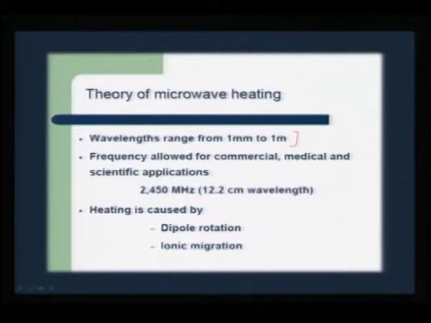At the same time, it will avoid the leak of the microwave from coming out of the commercial oven. Frequency allowed for commercial, medical and scientific application is of this order. Therefore, it will not easily come through these small openings that is available in the conventional or commercial ovens. There are many ways that we can interpret the heating, but there are two specific causes by which microwave heating can be achieved.